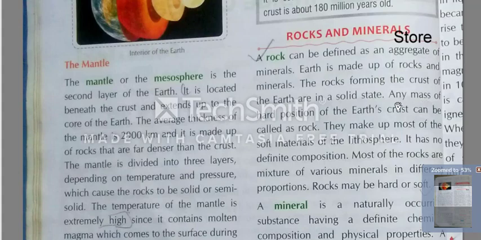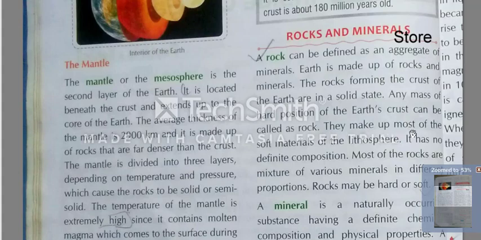Any mass of hard portion, the hard crust which is present on the earth, can be called a rock. Clear? A collection of hard portions present on the earth crust.